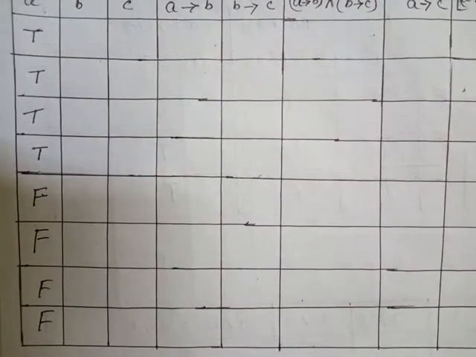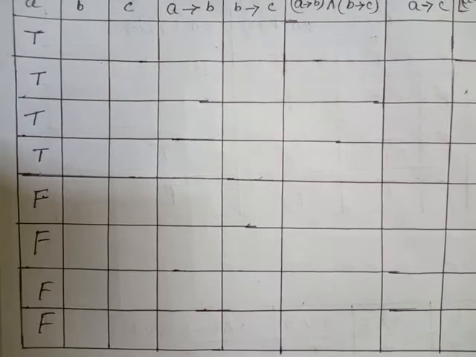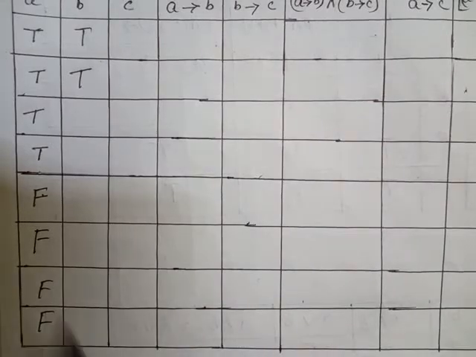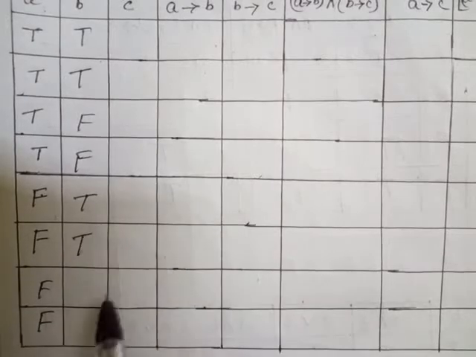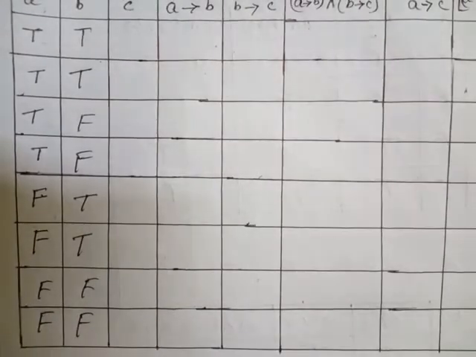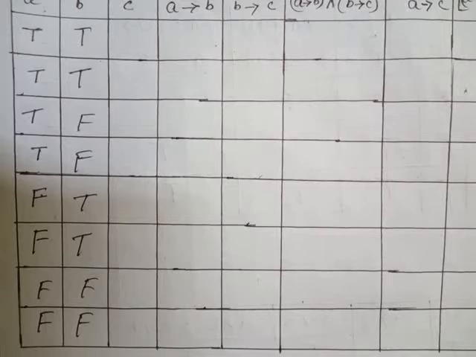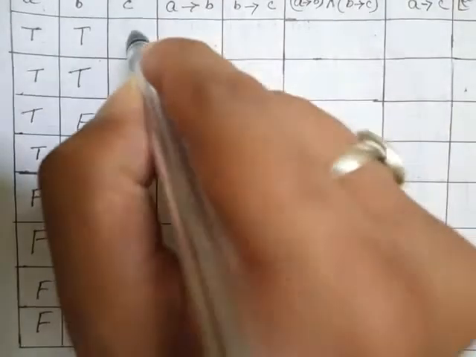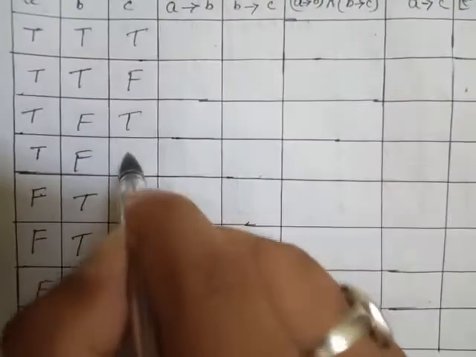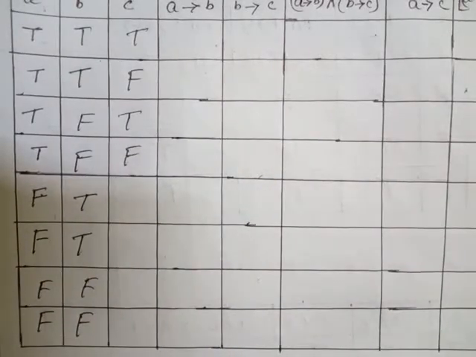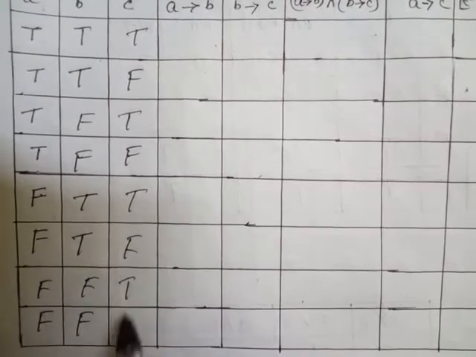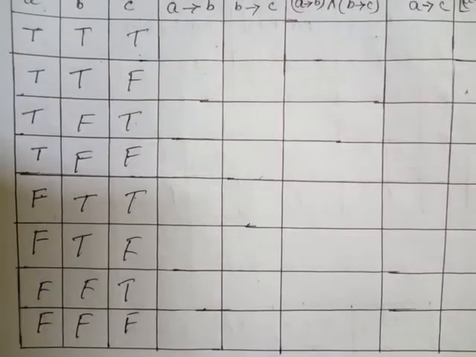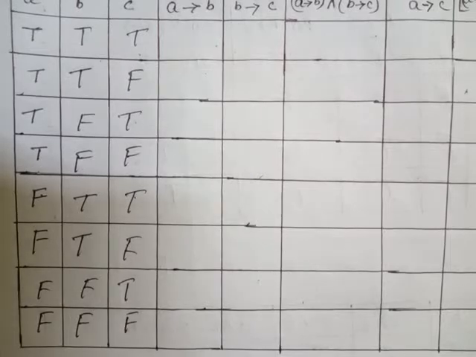Now look, after that, student, for B we'll write T, then F, then F, then again T, then F. This is for B. Now for C we'll write TF, TF, and again TF. So student, this is the format of ABC.